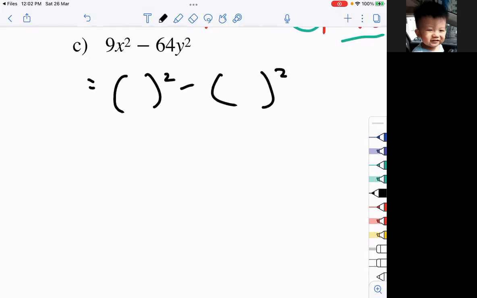Can I slot something in? 3x and why bracket square, which is perfect. This is exactly formula number. Look. 3 is something square minus something else square.